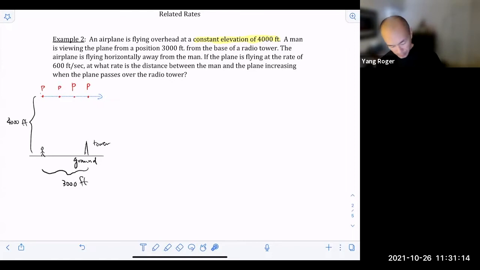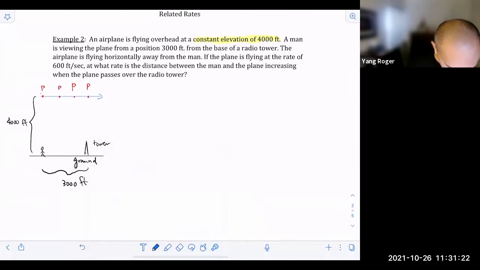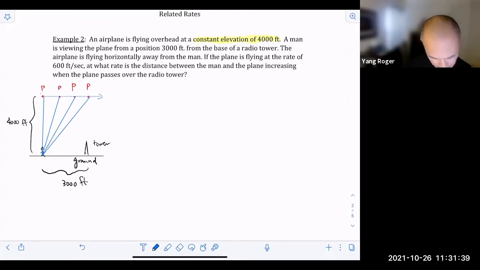So I think this is what's happening. Here's one line. Here's another line. Here's another line. Another line like that.